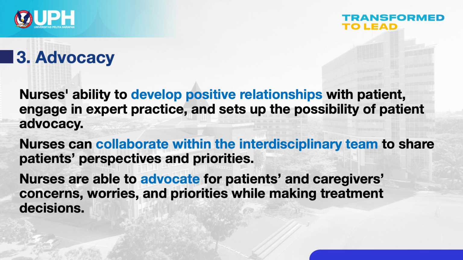Nurses are able to advocate patients' and caregivers' concerns, worries, and priorities while making treatment decisions. Why? Because nurses are with the patient 24 hours a day, 7 days a week.